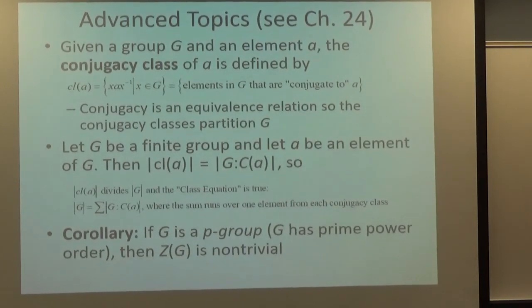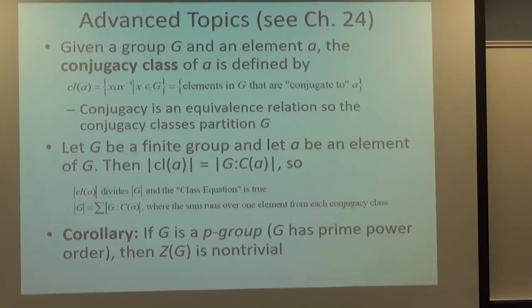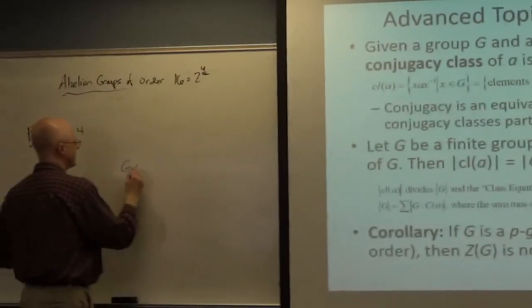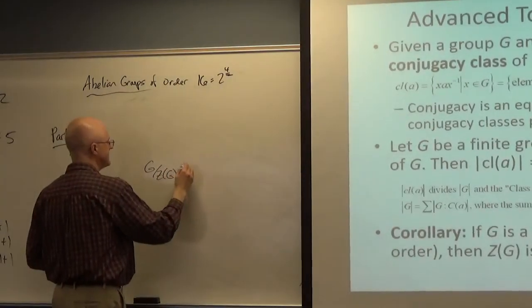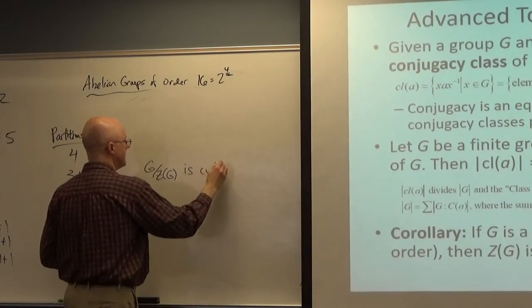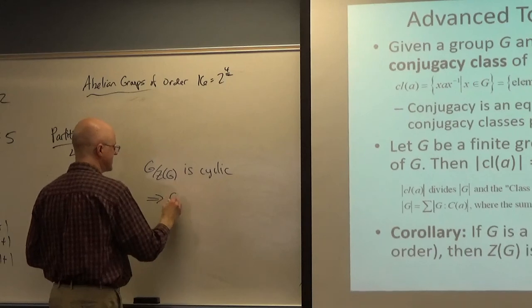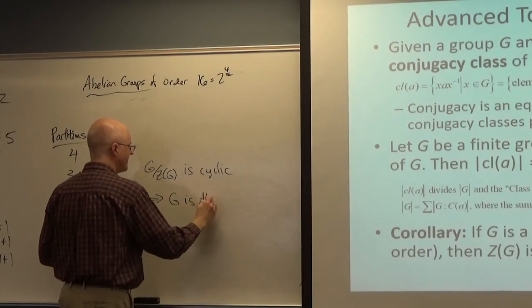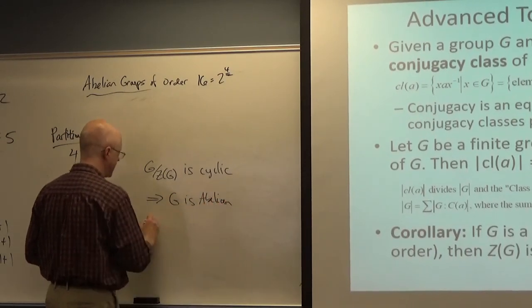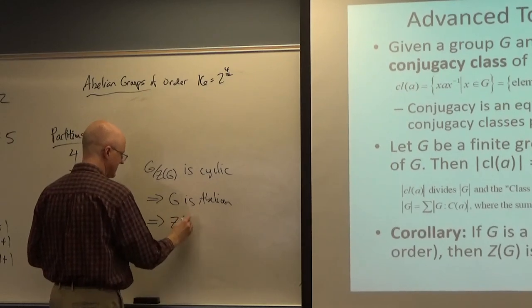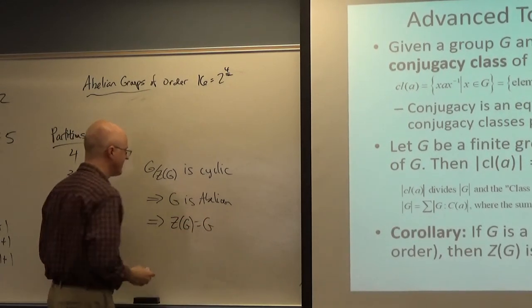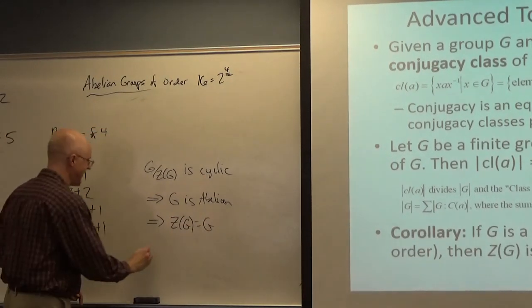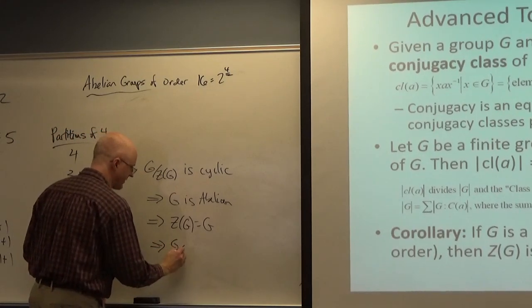The GZ theorem said if this factor group is cyclic, it implies G is abelian, which would actually mean the center would have to equal G. And it would also mean that that factor group would have to be trivial.